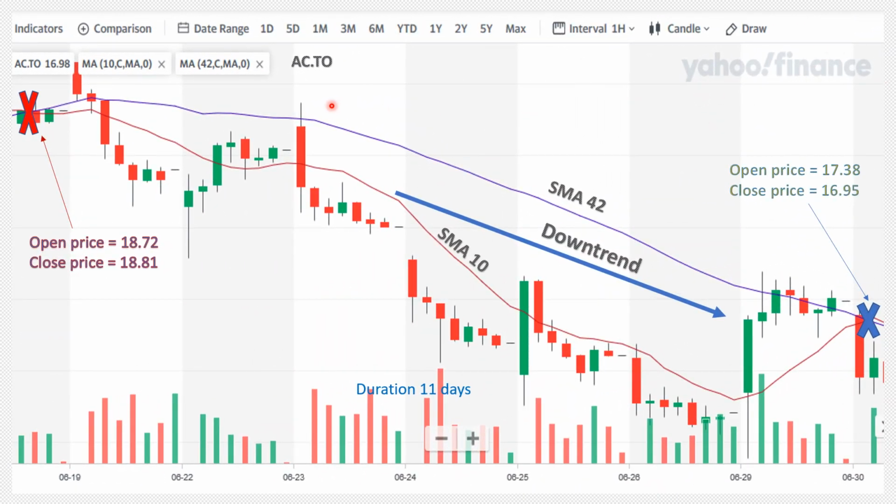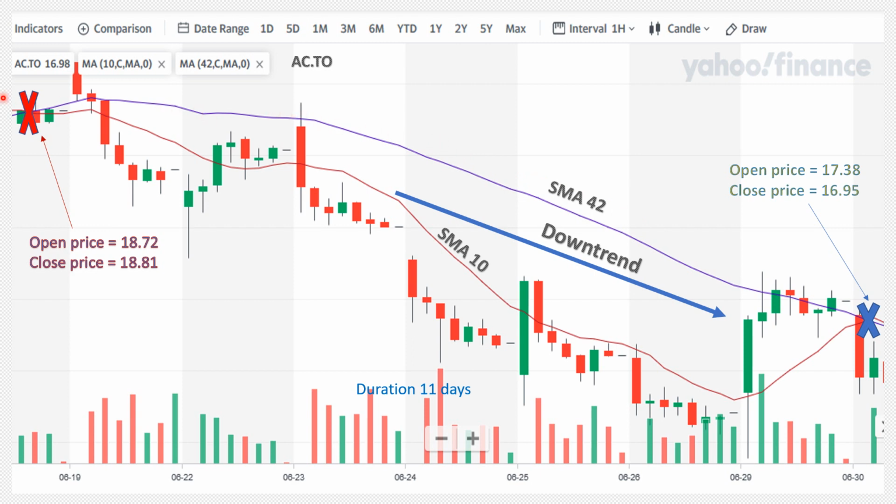This is Yahoo Finance Air Canada stock and H1 time frame. Each candle represents 1 hour of trading. Now the three condition is, the first one is the trend must be downward. It is true. The second condition is the price must be below the longer moving average, SMA 42. It is true.